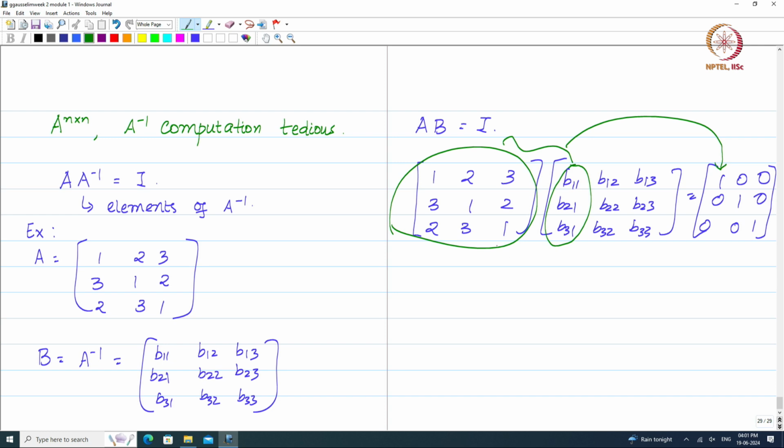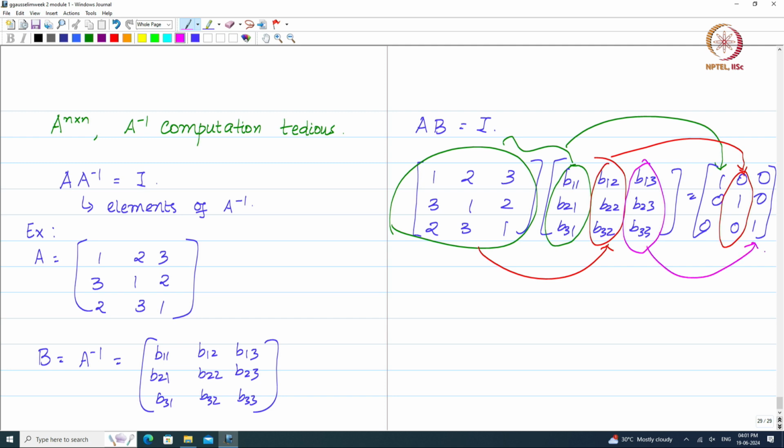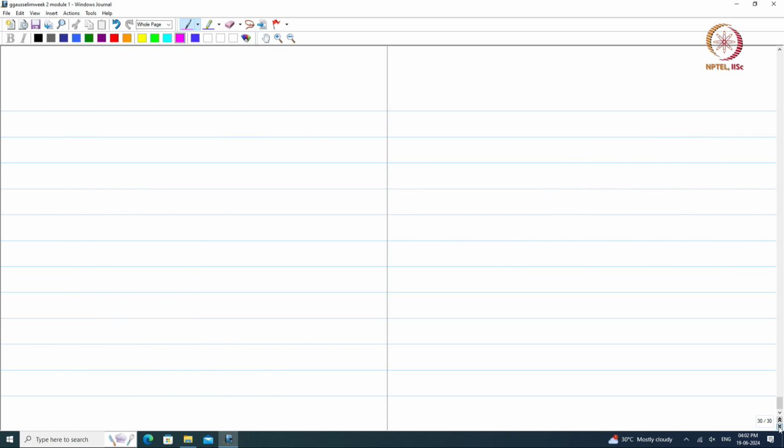Similarly, we multiply the matrix with B12, B22, B32, the second column, equal to 0 1 0, and again the matrix multiplied with the third column B13, B23, B33 is equated to 0 0 1. Therefore, we can augment A with I and do RREF. As we get the RREF of A, we get the inverse of A.